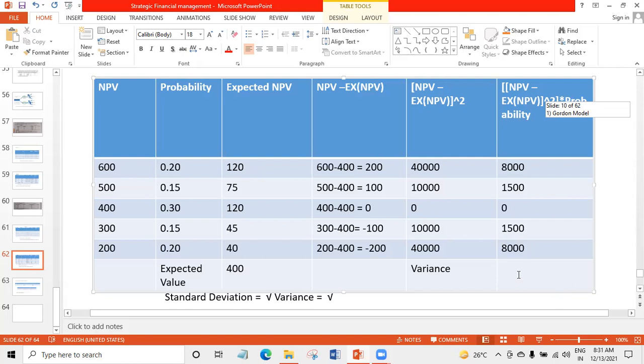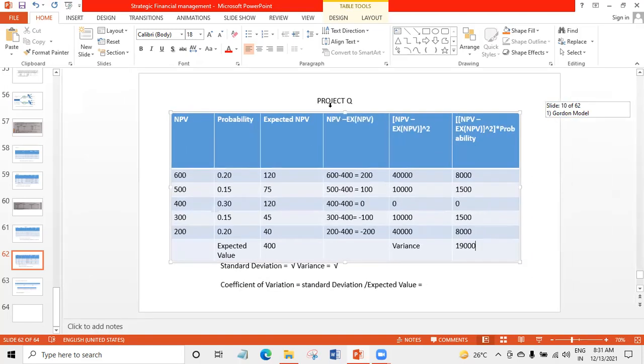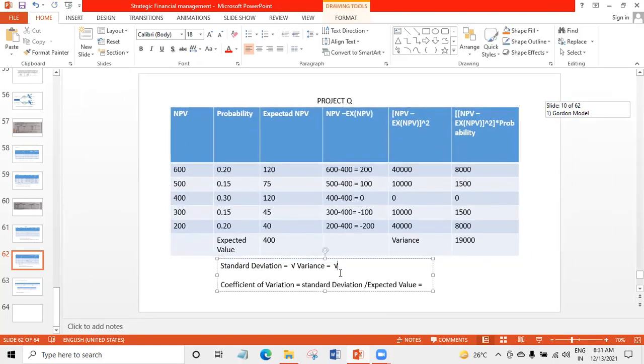Variance is 19,000. Now the variance is 19,000; the square root of 19,000 is 137.84.